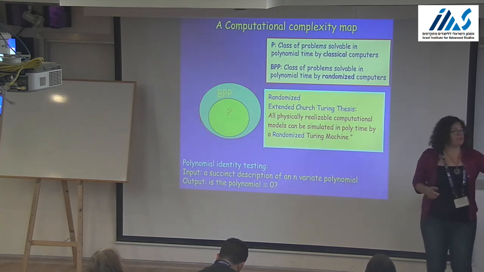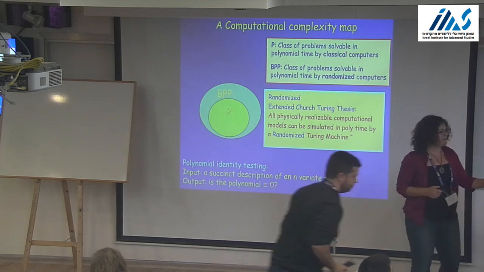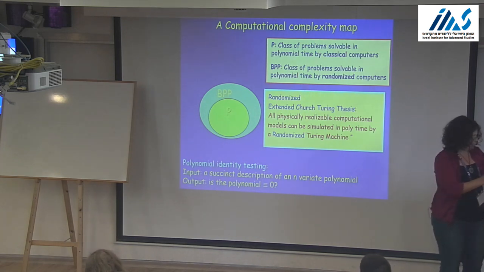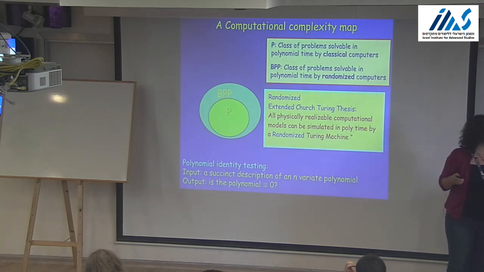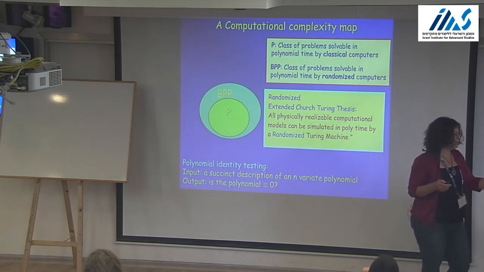Okay, so there was a question, but with a mic. I was just wondering why BPP is not contained in NP. Why is BPP not contained in NP? Because of the randomness. We don't know how to handle the no case. BPP is allowed to make error in both directions.